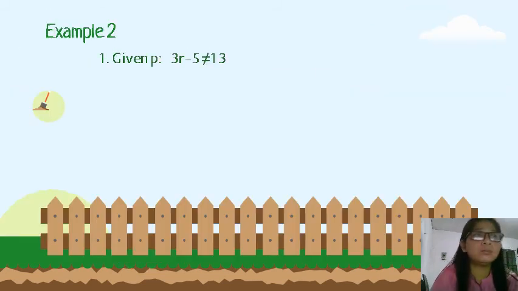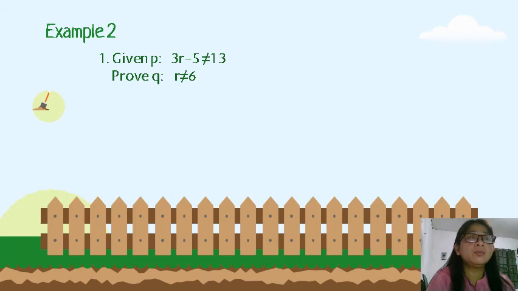We have another example. So we have given P, which is 3R negative 5 is not equal to 13. And ang ating ipoprove, Q is, ang Q natin is R is not equal to 6.